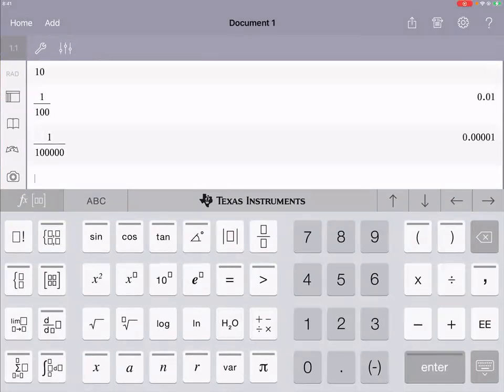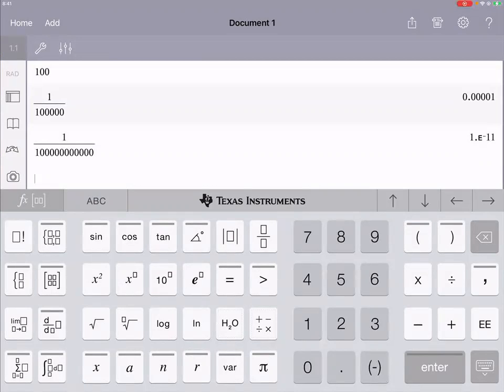As you can see here, as the denominator gets bigger, how would you describe the value of the fraction? It gets smaller. If I put down this, you get something like what you will see in chemistry with scientific notation, 1 times 10 to the negative 11, meaning that there are 10 zeros following the decimal point.